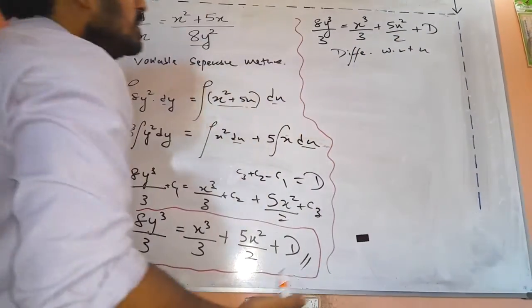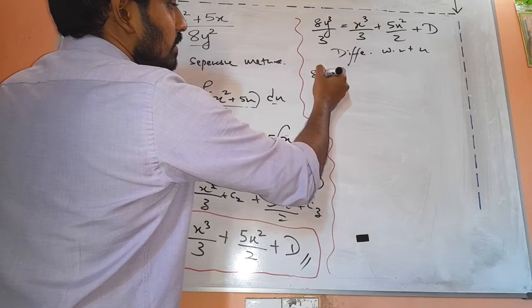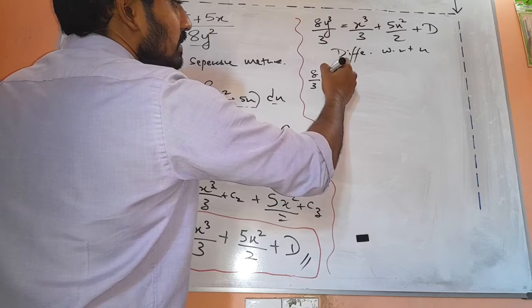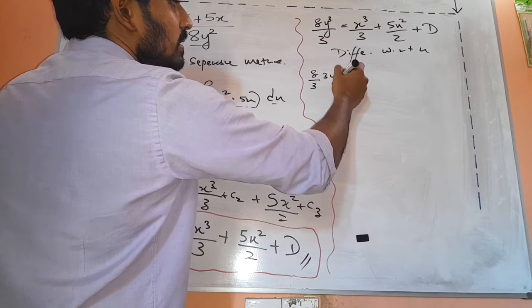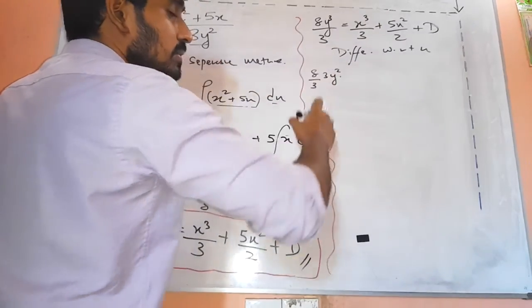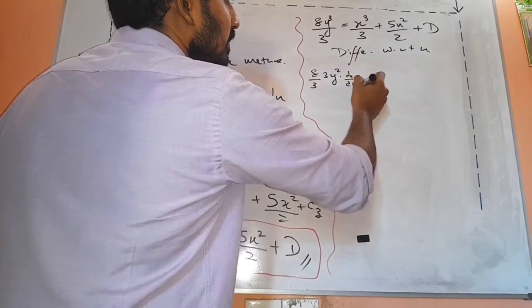What is the answer? 8 over 3 is the constant. If you differentiate y cube, it is 3y squared. But since we are differentiating with respect to x, you also have to differentiate y, so we get dy by dx.